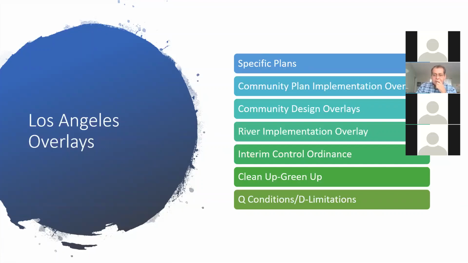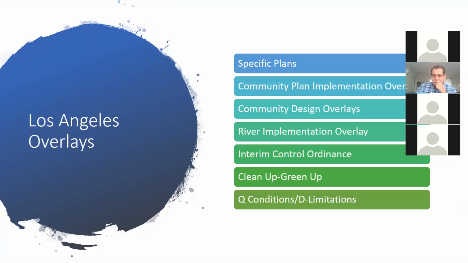So it can really be thought of as a mini zoning code for a particular area, but the standards that you'll find in specific plans can vary a lot, from just adding a few extra parameters or adding another layer of scrutiny, to other specific plans that will change the entire zoning code for a neighborhood and basically stray pretty significantly from the municipal code itself.